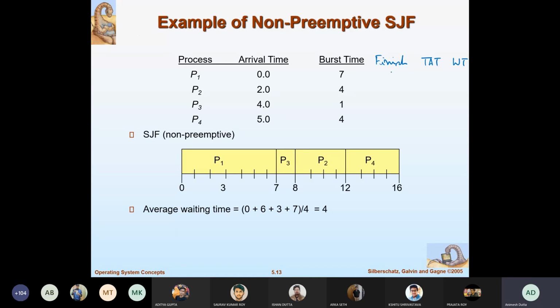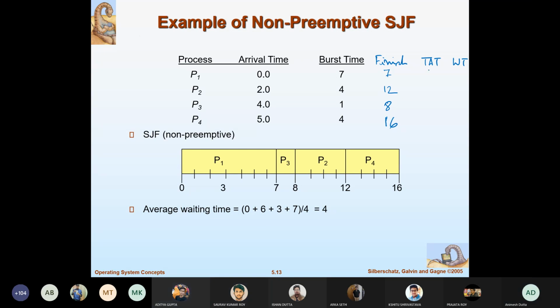Follow. What is the finish time for P1? 7, sir. What is the finish time for P2? 12, sir. Sorry, 12. For P4? 16, sir. ঠিক আছে?